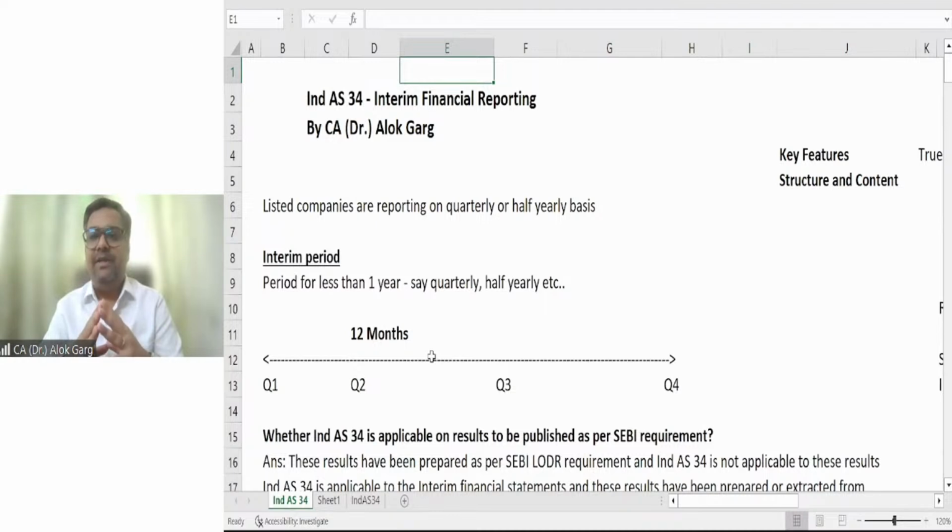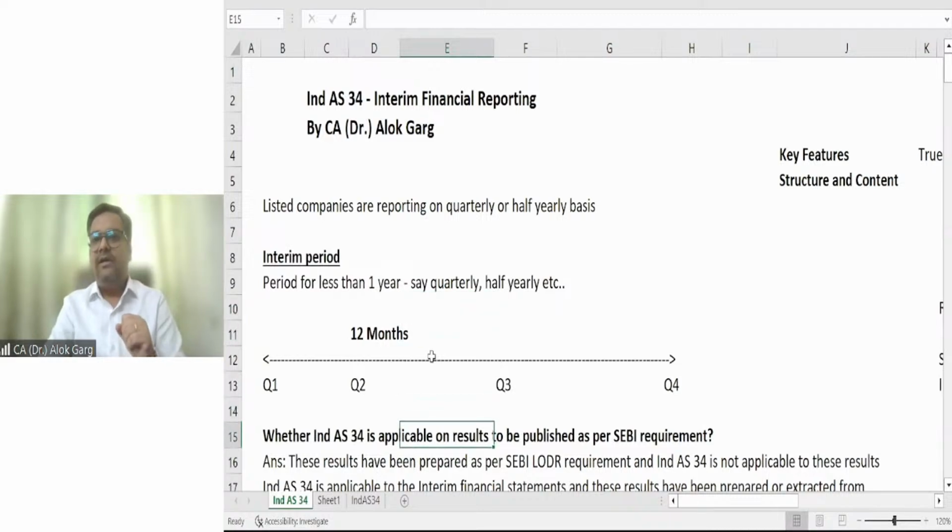Interim period is a period which is considered as less than 1 year, right? So friends, does Ind AS 34 say which entity should prepare interim financial statements? The answer is no. If the company is required to prepare, like listed companies are required to prepare, or the company has decided to prepare interim financial statements, then Ind AS 34 will be applicable, right?